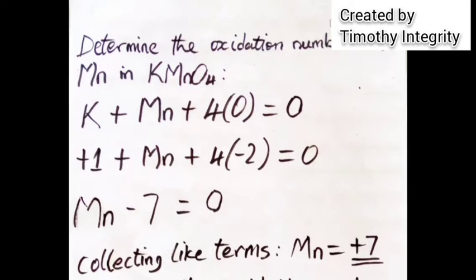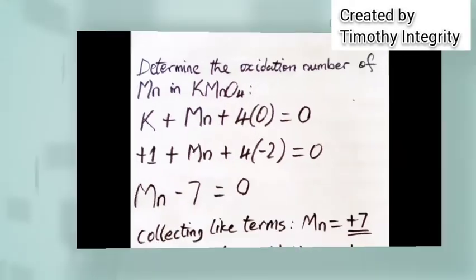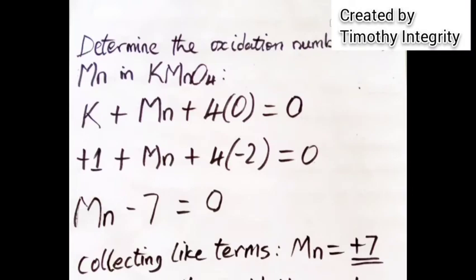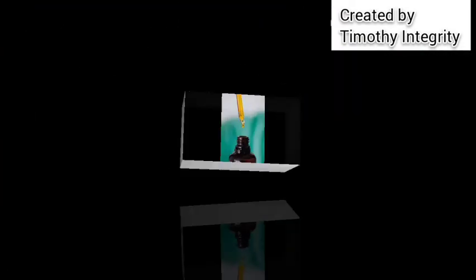So let us consider some examples on determination of oxidation number of central elements. Let's consider here, we want to find the oxidation number of manganese in KMnO4, that is potassium permanganate. So we have it that potassium has to be +1 because it's in group 1 and oxygen is -2. You equate everything to 0 because it's a compound. Remember the rules? And you collect like terms and you see that manganese is +7. Please, it has to be +7, not just 7. You have to include the sign there.